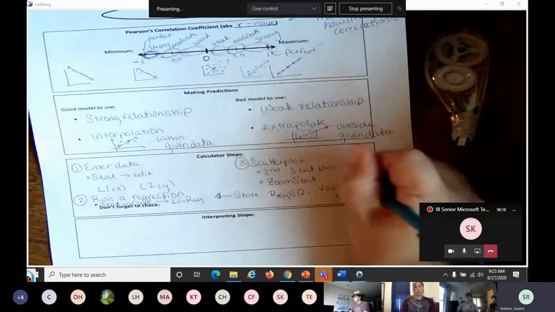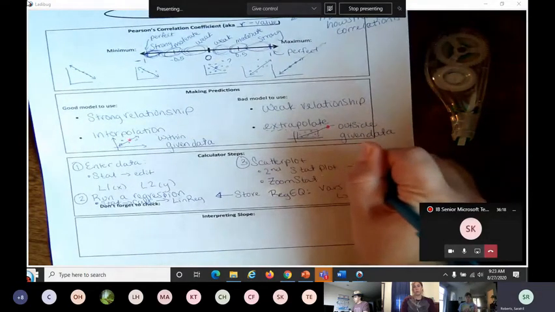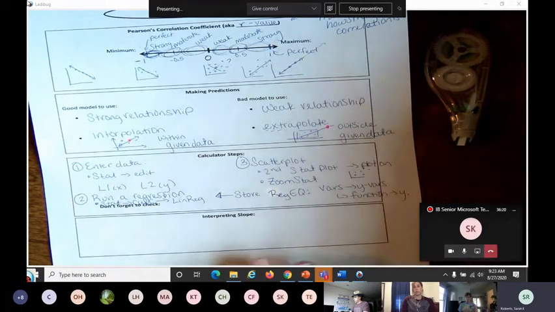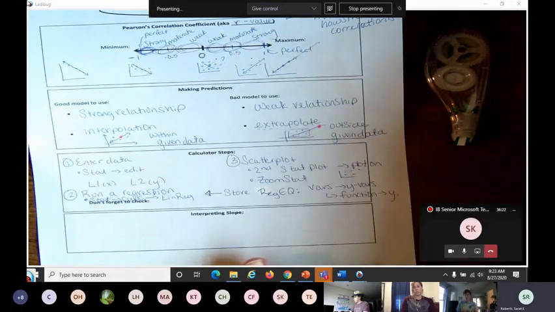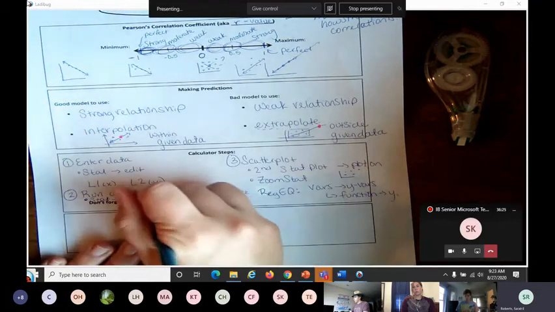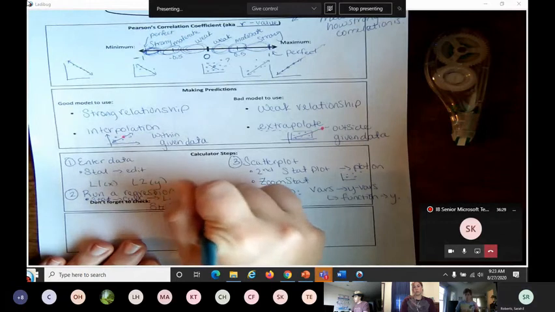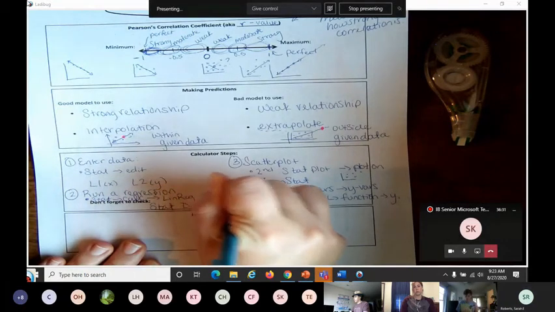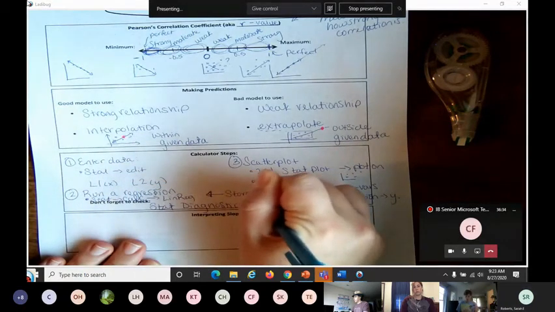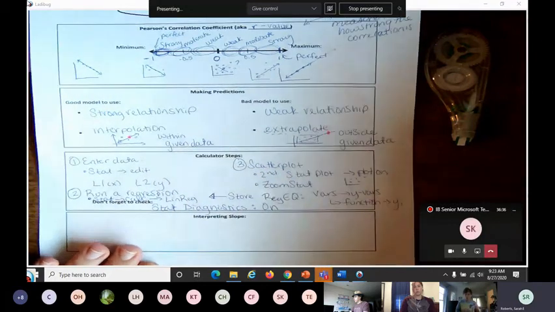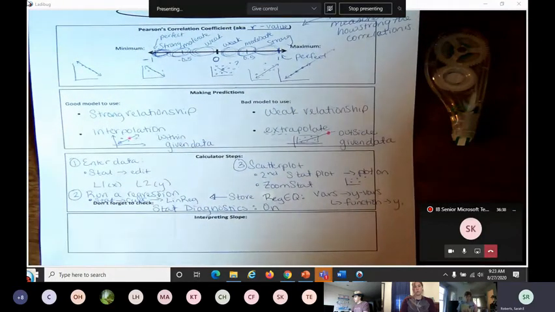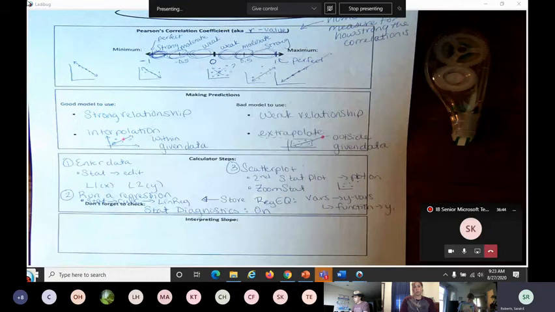And then it will zoom in to wherever your data points are in the scatter plot. And don't forget to check that your stat diagnostics are on. Otherwise they might not show up. I remember there being an issue last year with the seniors where sometimes their regression stuff didn't show up.